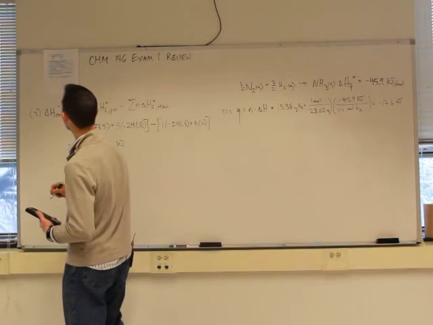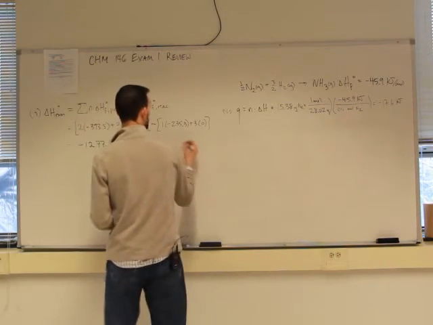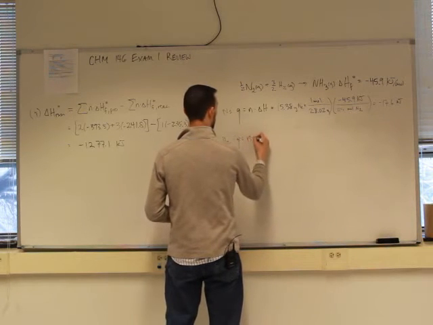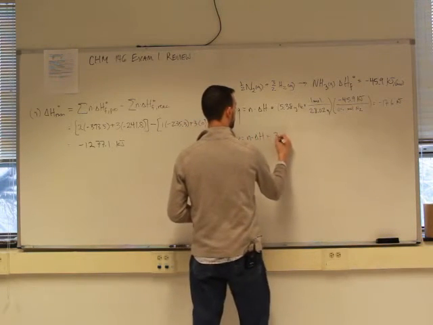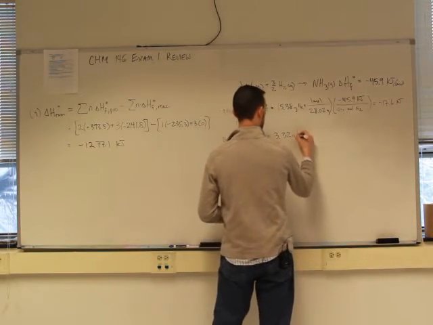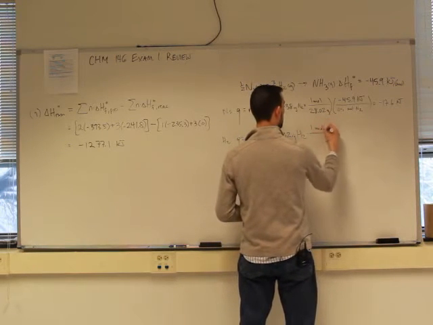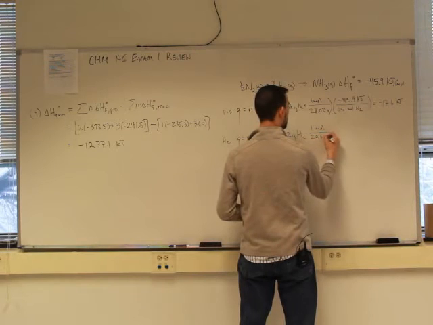Now we repeat with the hydrogen quantity, so 3.32 grams of hydrogen. Of course, hydrogen has a much smaller molar mass. A mole of hydrogen is only 2.016 grams.